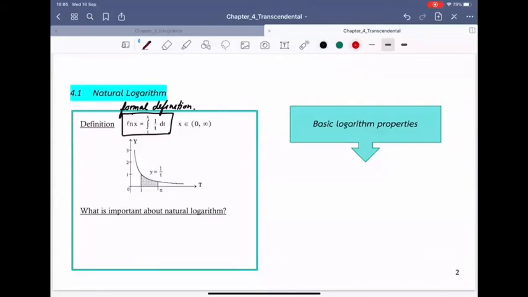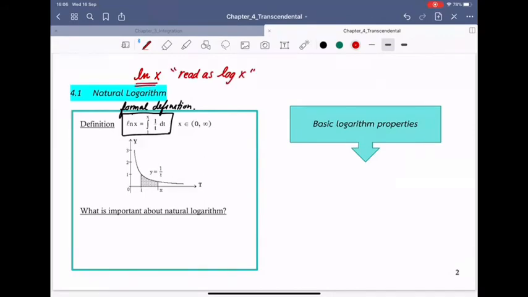The notation for natural logarithm is ln x. L stands for logarithm, n stands for natural. So, natural logarithm of x. I am going to call this thing log x, not ln x. We're going to call it log x.